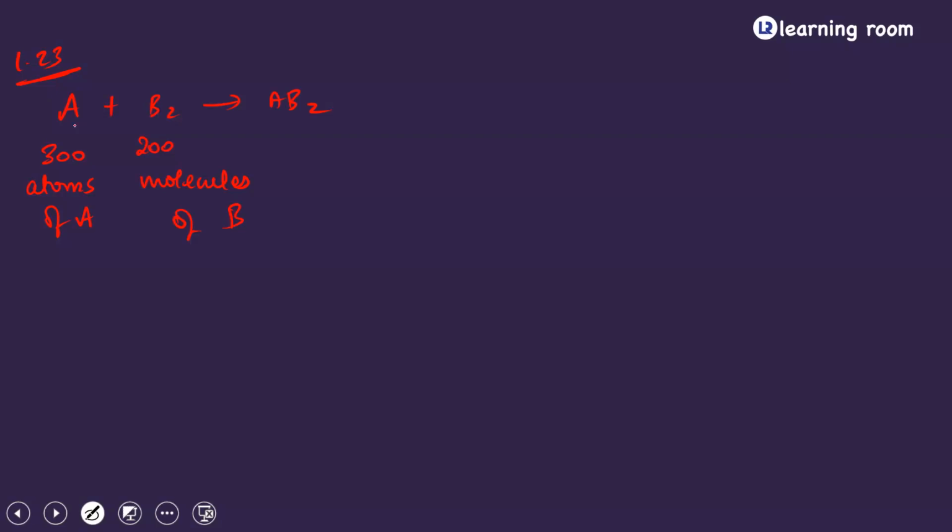You could state this equation in two ways. You could say one atom of A reacts with B2, which is not an atom, it's a molecule. So it reacts with one molecule of B2 to form one molecule of AB2. So 1:1:1 ratio. Correct?